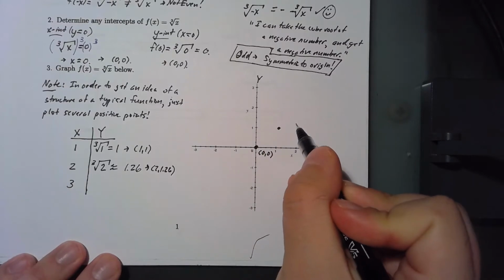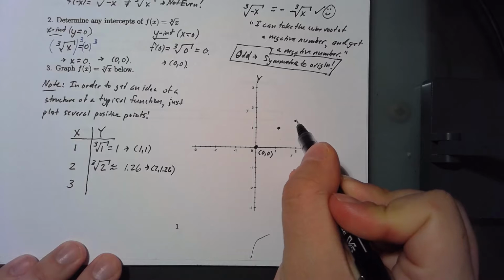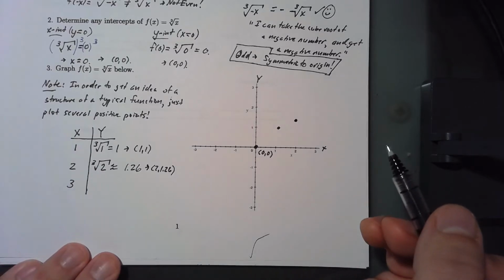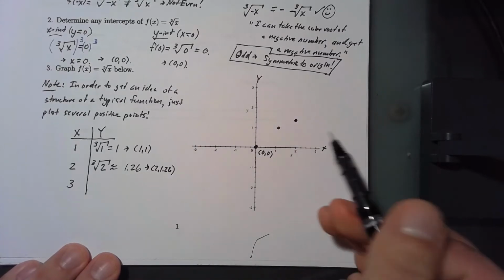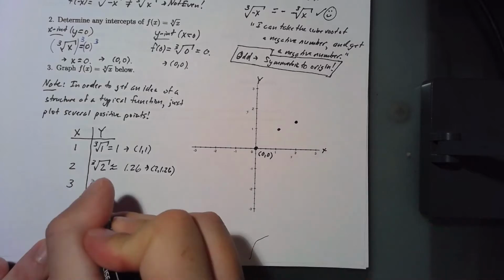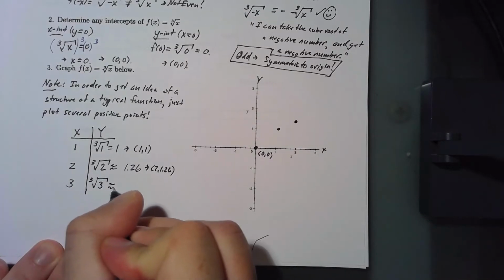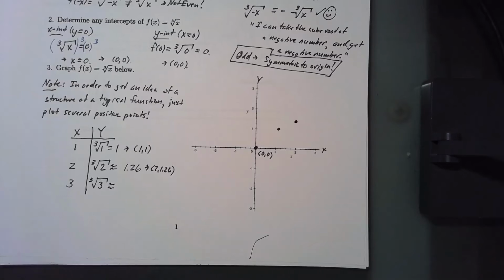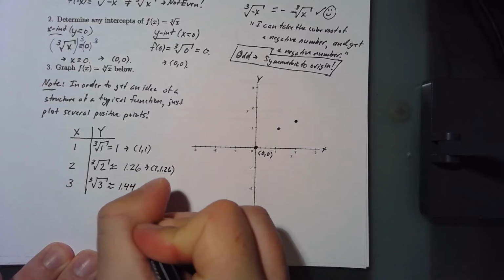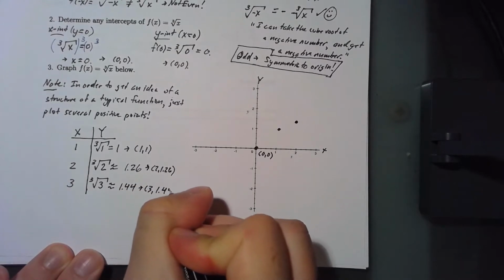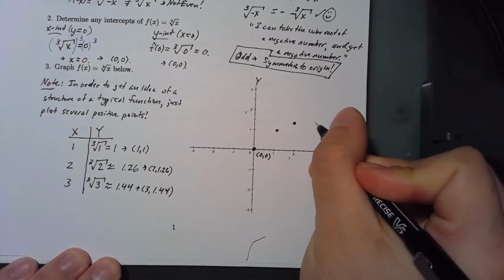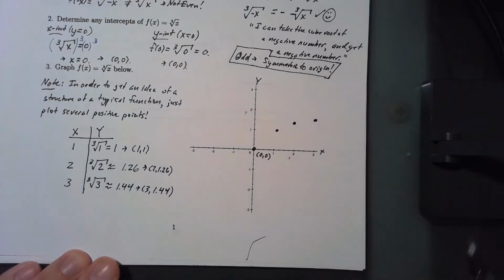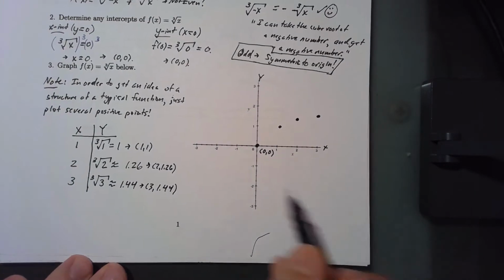But the idea is you're just getting an idea of what this graph kind of looks like, and then you're using symmetry and the origin to accelerate this process. And if I do the cube root of 3, I get 1.44, which is the ordered pair (3, 1.44), which is not much higher up from the y value of number 2.